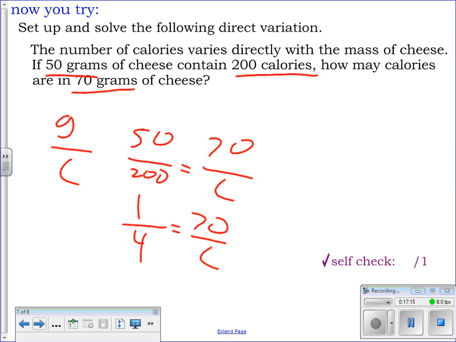And then that makes it easy. The number of calories has to be 4 times the number of grams. Yeah. So the number of calories is 280. That's a lot of calories.